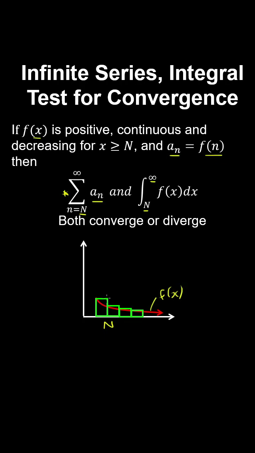So if we look at this as the left Riemann sum, you have this rectangle with a height a_n according to this series, and these rectangles all have widths of 1 when you're incrementing n by 1 in this series. So the integral gives the area under the curve described by f of x from n to infinity, and that's smaller than the area given by the series. So therefore if the series converges, then the integral that gives the smaller area also converges. And conversely, if the integral diverges, then so does the series.